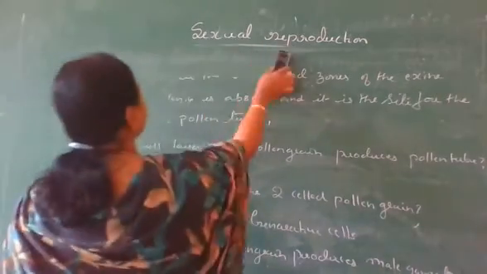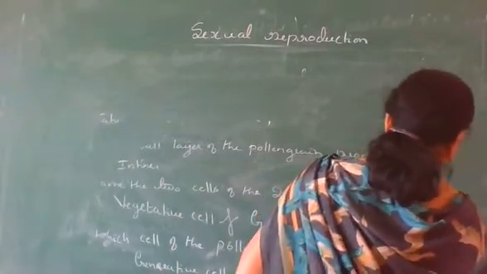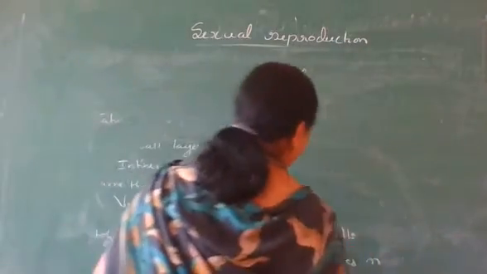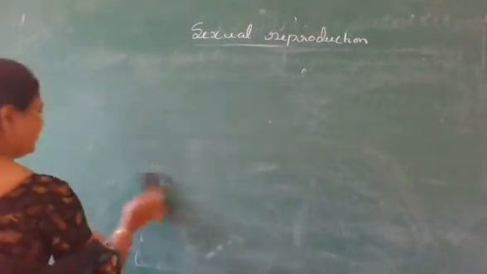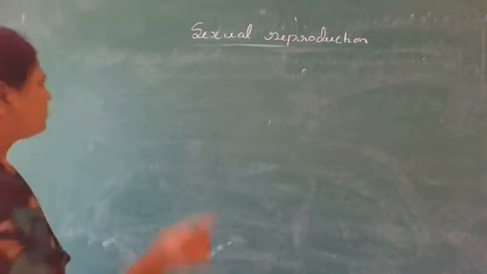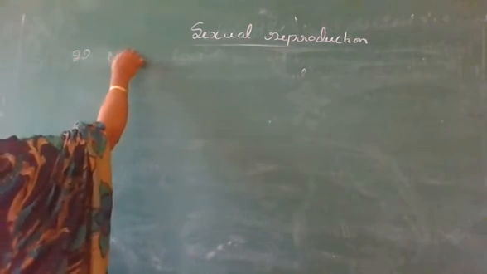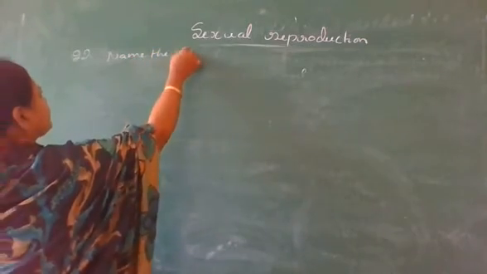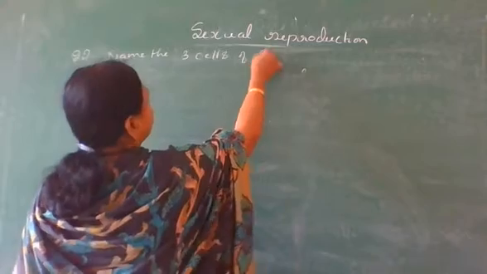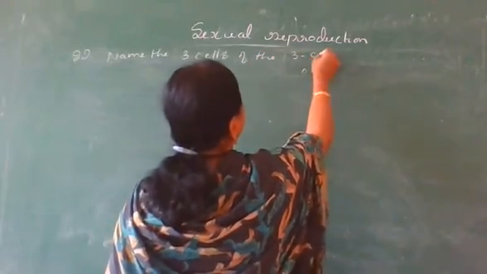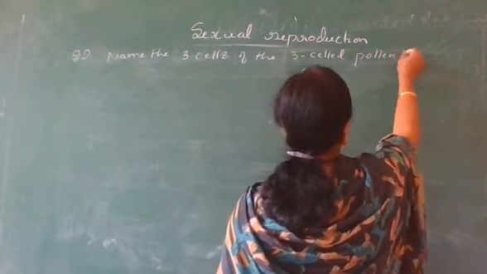Next one. Name the 3 cells of a 3-celled pollen grain.